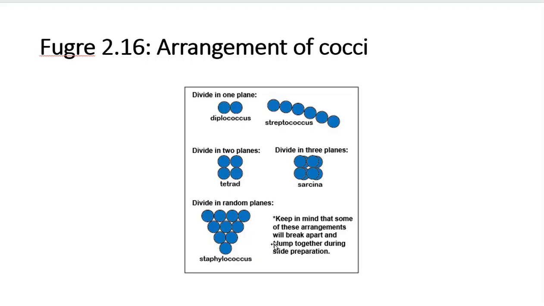Okay? That means when we looked at the smear, we saw this cocci just beginning to divide, and then it divided again, and then it finally clustered around, and that's a staph. That tells us it's a staph. Okay? So these shapes and these arrangements give us a real good clue as to what the organism is.